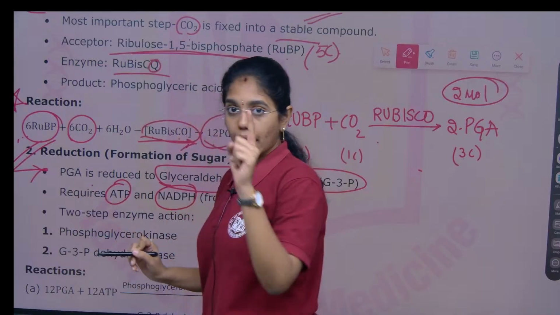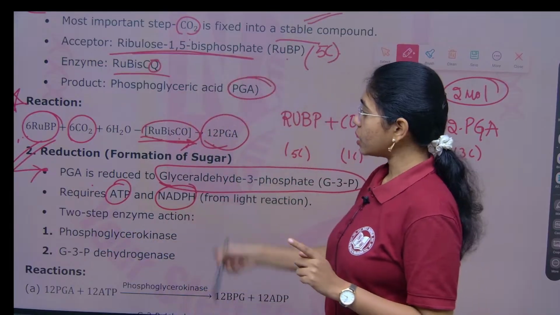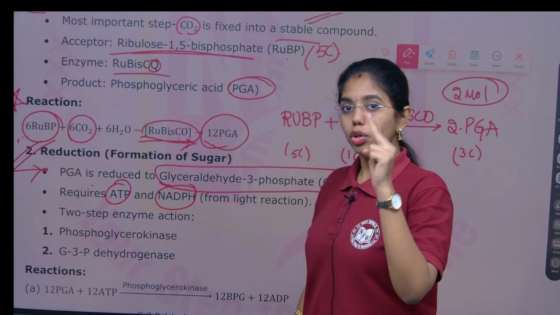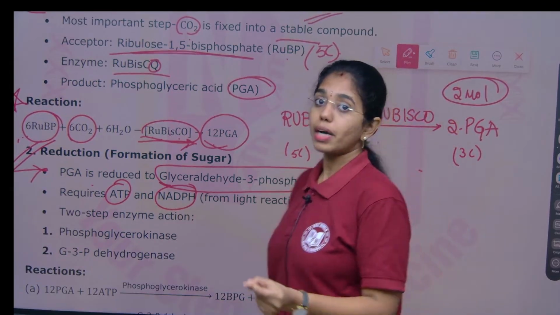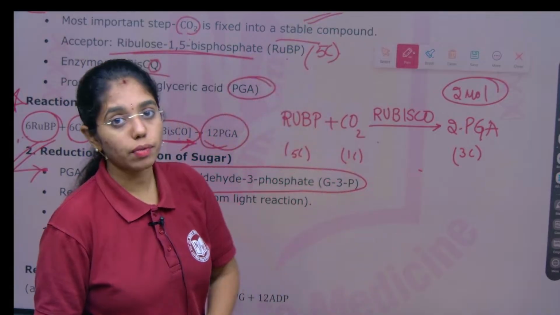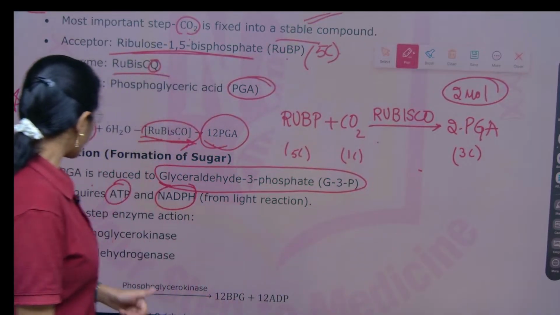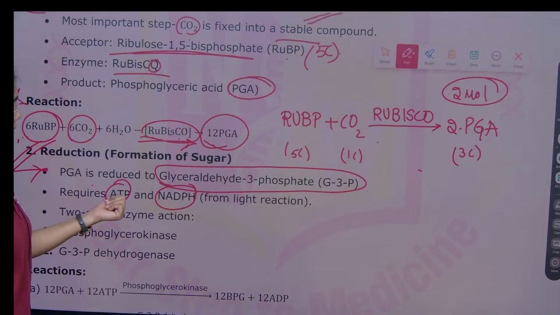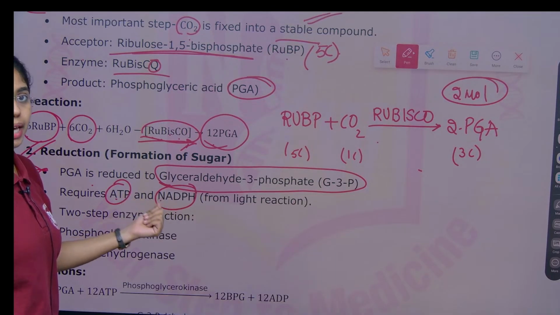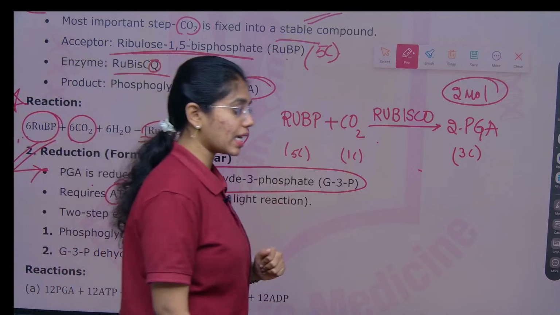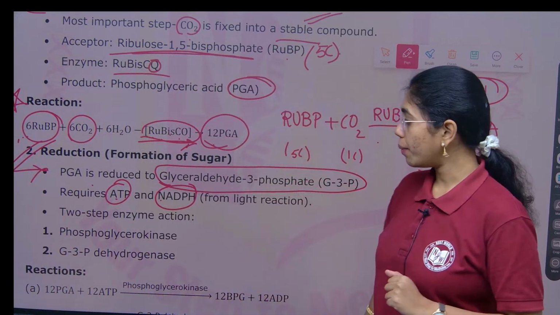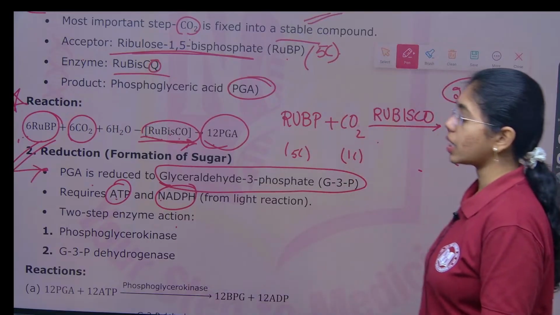For single carbon dioxide fixation, in this step 2 molecules of ATP and 2 molecules of NADPH are required. But for 6 carbon dioxide fixations, or 6 Calvin cycles, how many are required in total? 6 ATP and 6 NADPH.